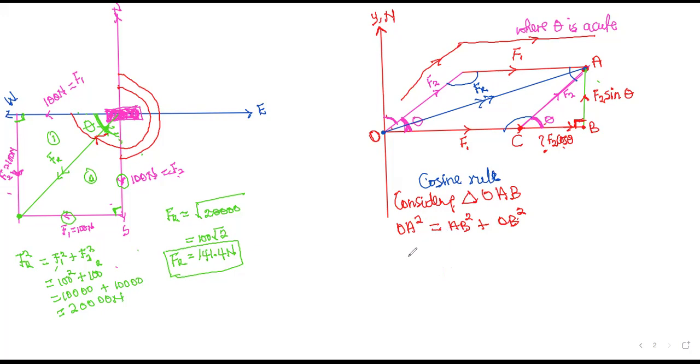Now what is OB? OB is equal to OC plus CB. We know OC. OC is F1. We don't know CB.